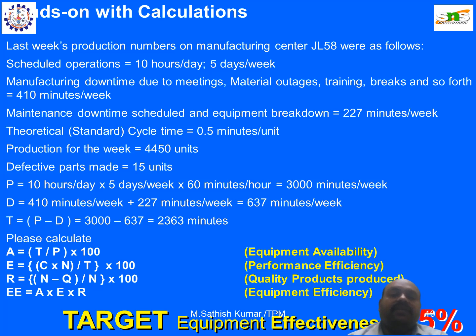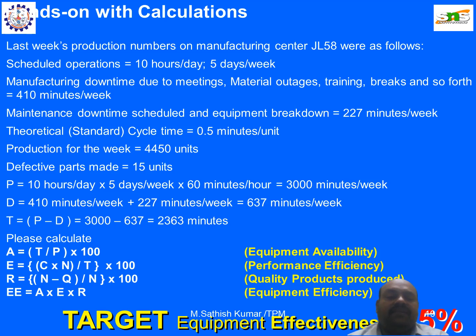Maintenance downtime and equipment breakdown is 227 minutes per week. Every single minute costs, and that is why it is taken in minutes. The theoretical cycle time is 0.5 minutes per unit. Production for the week is 4450 units. Defective parts made is 15 units.